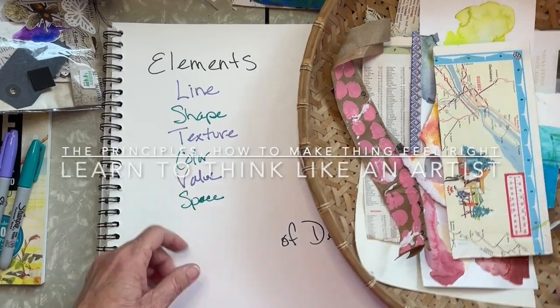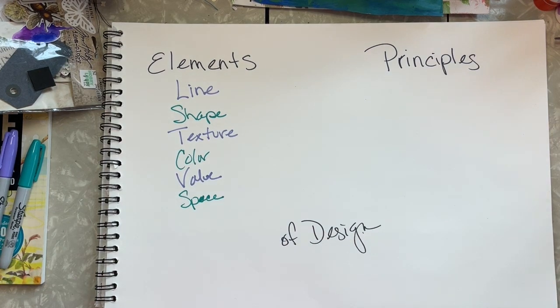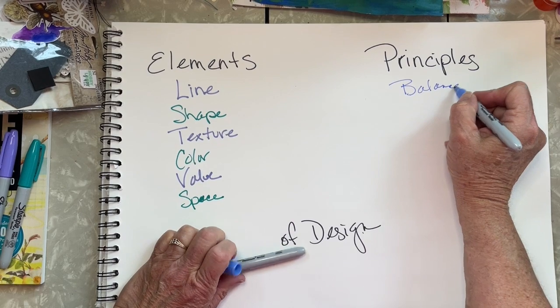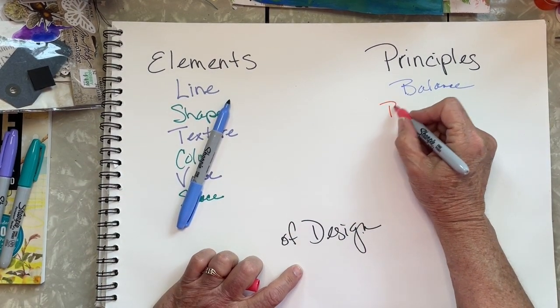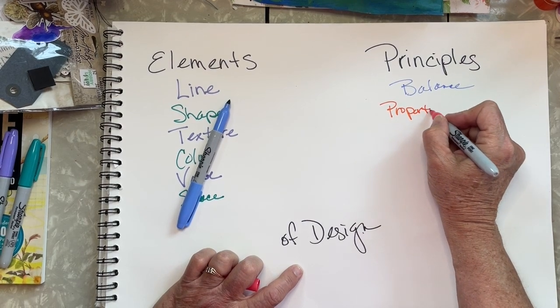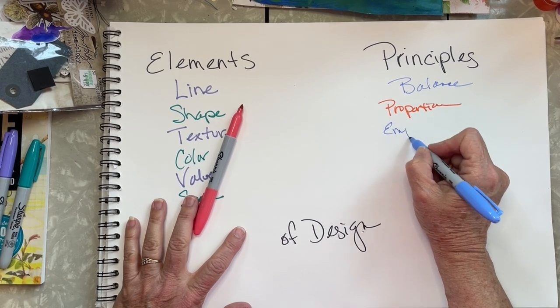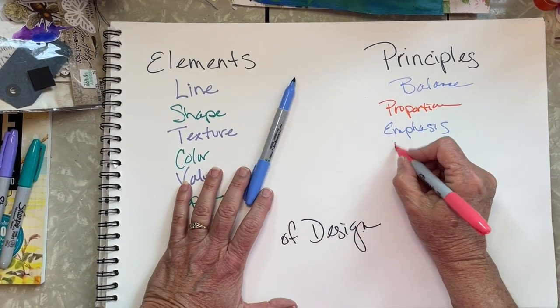So let's talk now about the principles. So we have balance. We have proportion. We have emphasis. Unity.